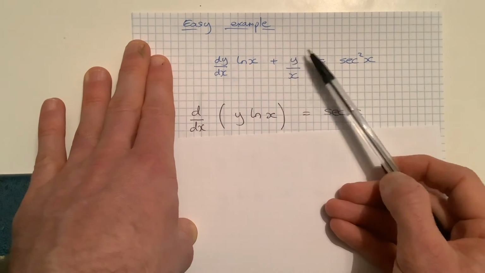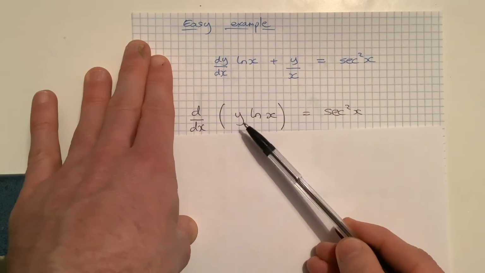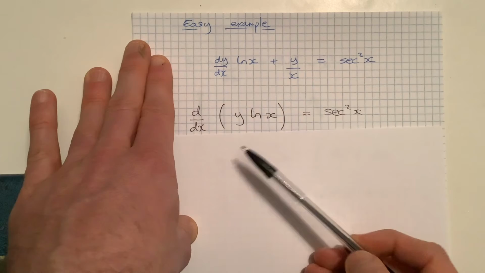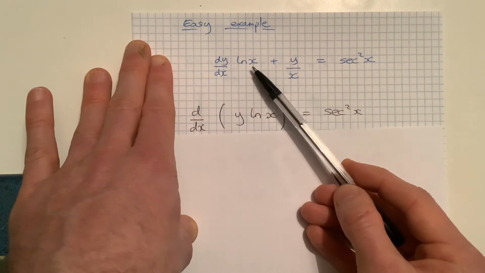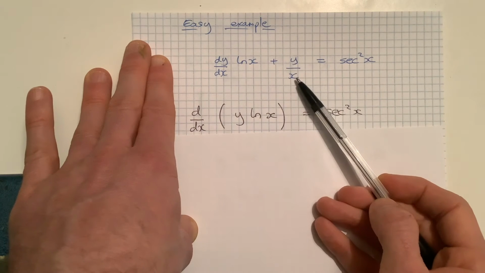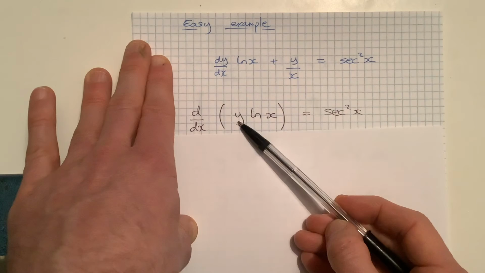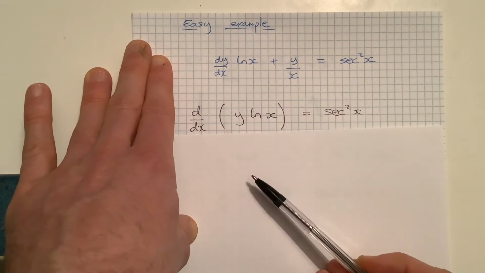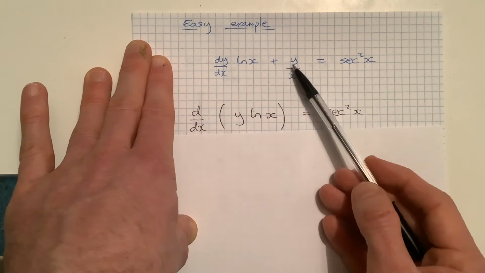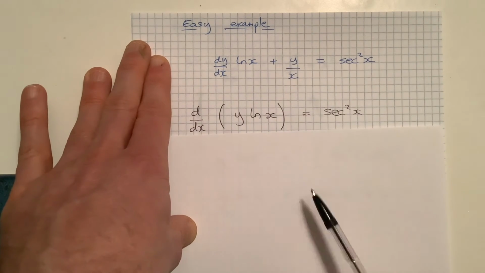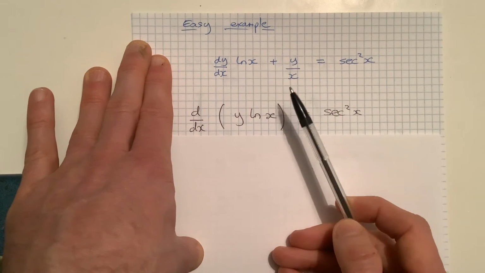And I know that when I differentiate the y function, I'll get the dy by dx. So basically I know that differentiating y ln x will give dy by dx ln x plus y over x, because differentiating this gives dy by dx multiplied by this. Differentiating this gives 1 over x times by this, which is this. So I'm able to get this reasonably easily from that.